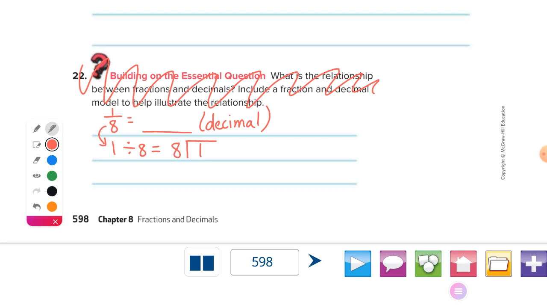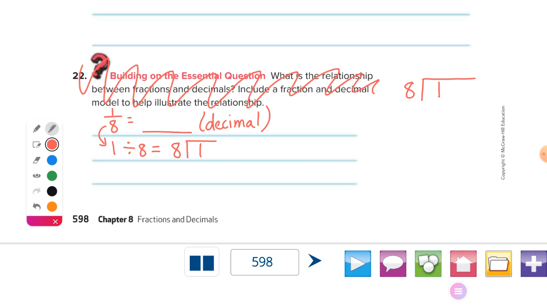Why do we not like that? Why do we not like that, Clara? Why does our brain not like that? Because 8 is bigger than 1. Let's go out here to the side. 8 is larger than 1. We all agree with that. But we are trying to get a decimal number.